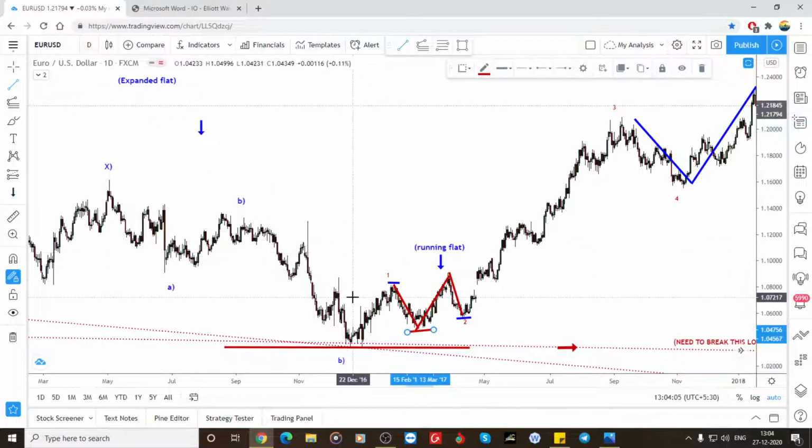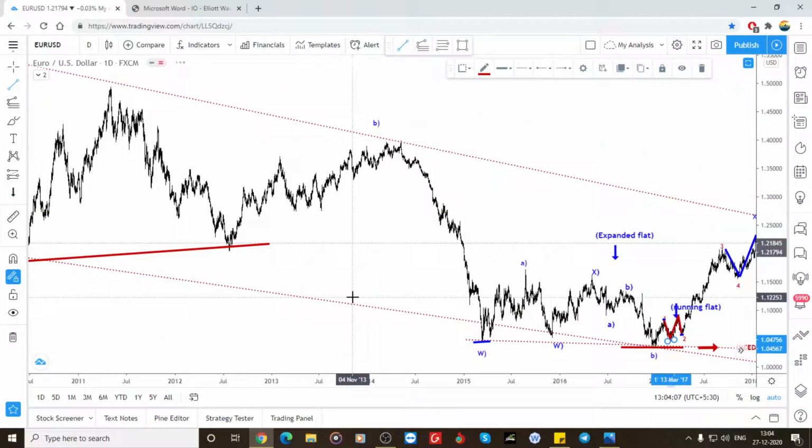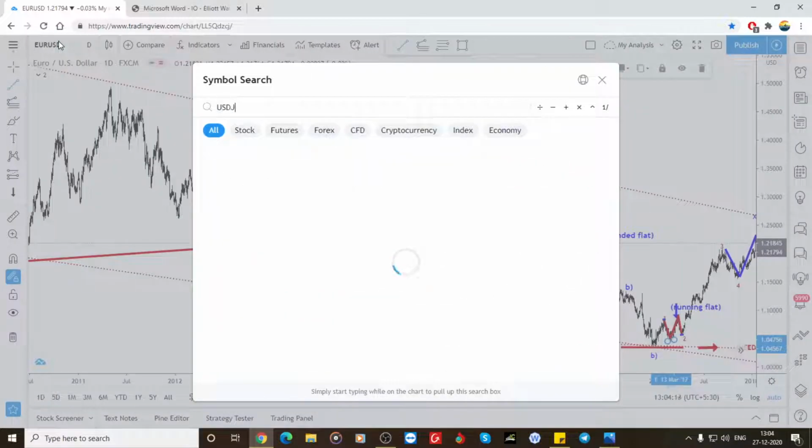This is on the daily chart, and one more chart I have to show is USDJPY.